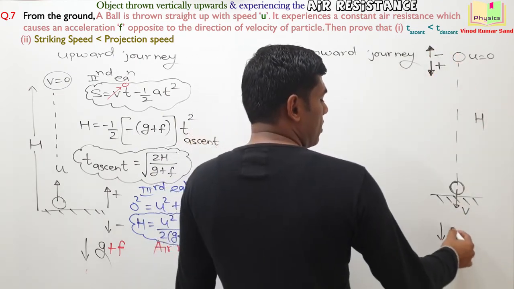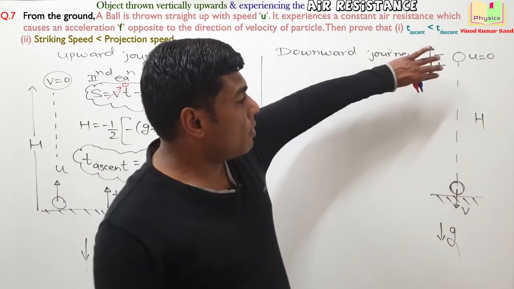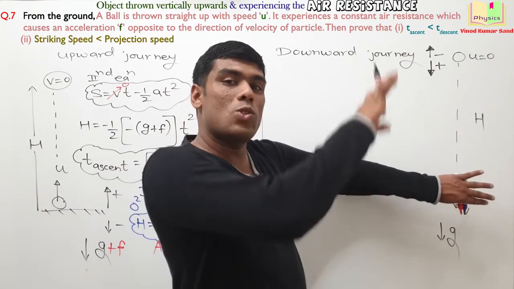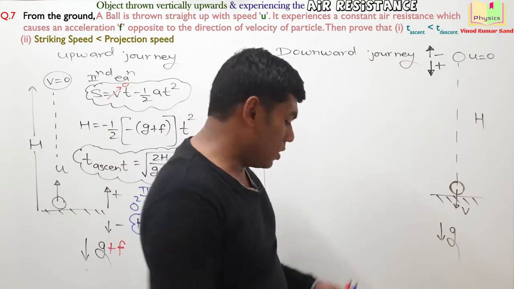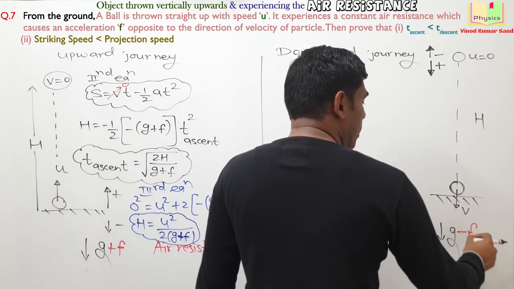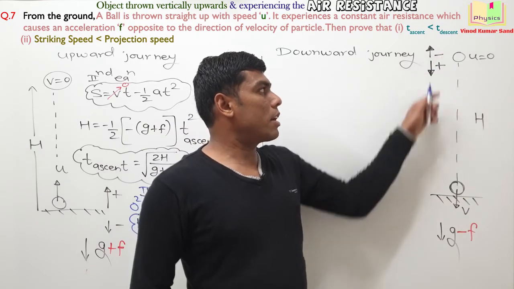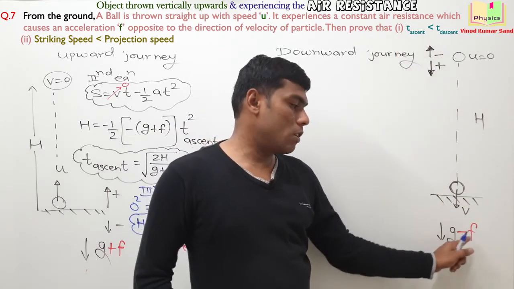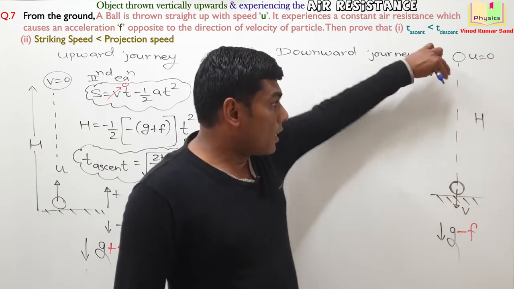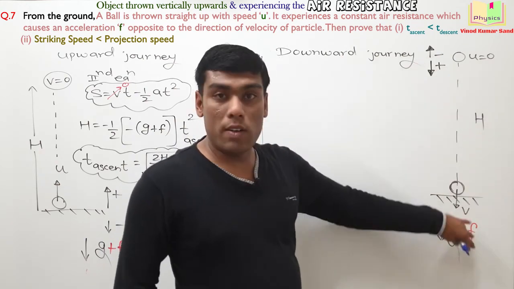Acceleration due to gravity is in this direction. When the ball is moving down, air resistance will try to oppose its motion. So its effect I'll show like this. Air resistance has an effect in the upward direction, and upward direction we have chosen as negative. Gravity will try to speed it up.